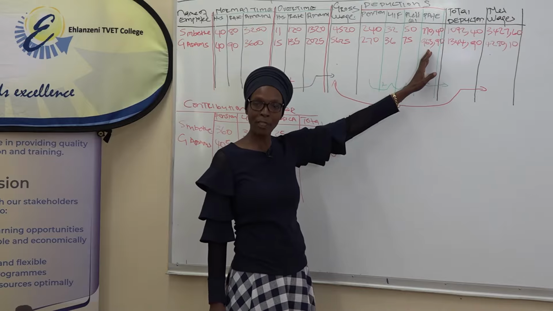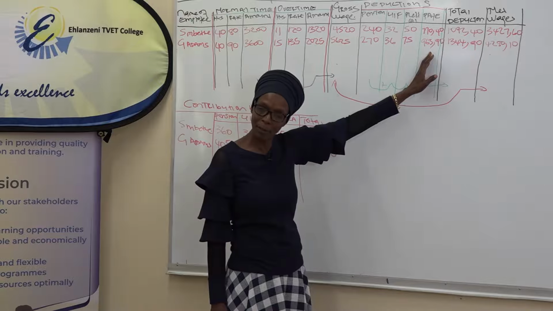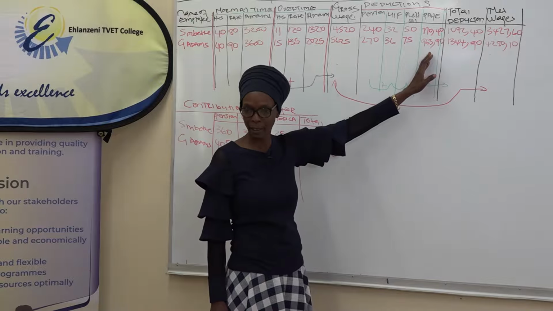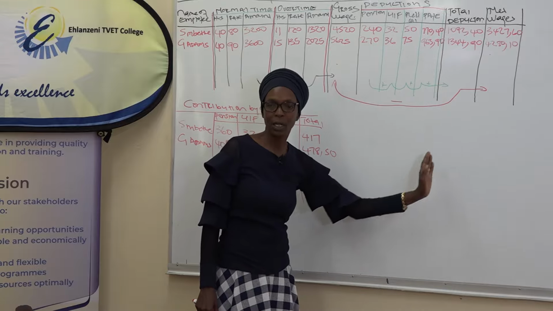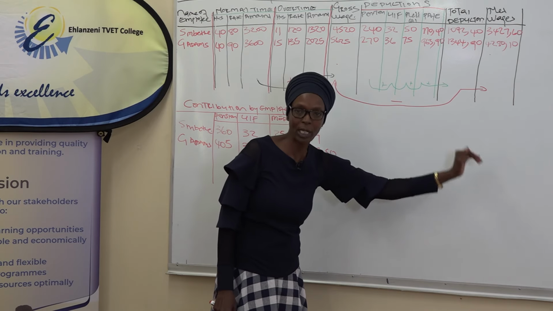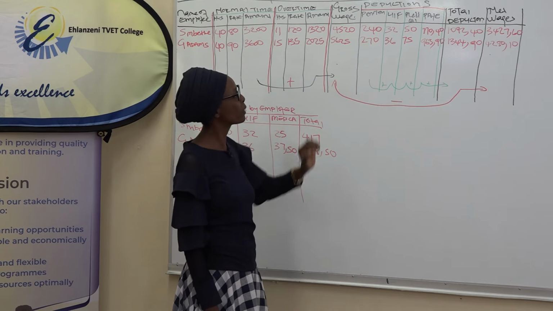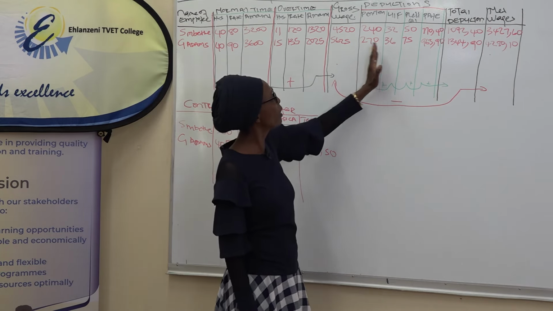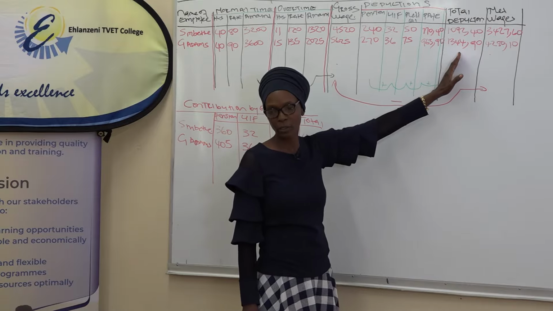Remember, the pay as you earn, even nowadays, is calculated on the taxable income. You must not forget that. And the taxable income is the gross wage minus pension. That amount is the taxable income. You can take the percentage and calculate. Then if you add all the deductions, it gives us the total deduction.